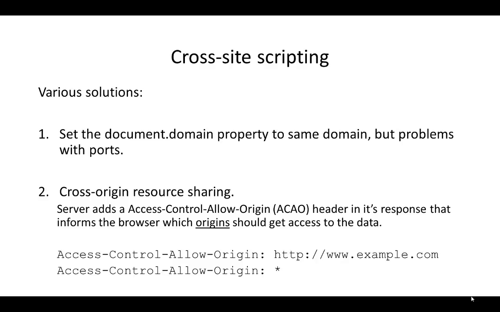For example, if we wanted anything from example.com to be able to access our data through our web API, we could put a header on our file that we returned called access control allow origin, and then the name of the page or the domain that we're prepared to give the data out to. If we put a star there, it effectively makes it public. So we can make our API public by doing this, I believe.